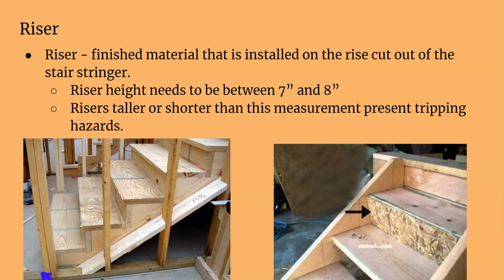Any stairs that were previously made with steps that aren't 7 to 8 inches definitely cause a tripping hazard, because without you even knowing it, you're used to a 7 to 8 inch rise and picking up your foot about that high. When you go to a step that's higher or lower, your muscle memory in your feet going up those stairs is thrown off by the change. So 7 to 8 inches is where we want to stay.